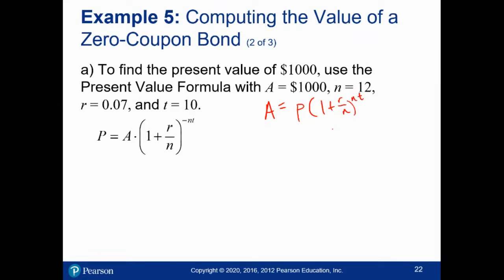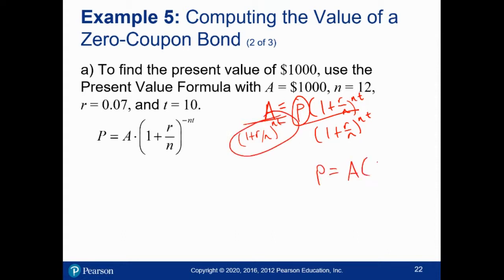All you have to do is divide both sides by (1 plus R over N) to the NT. And on the right-hand side, you just get P. And on the left, I just express this as having a negative exponent. So I get P is A times (1 plus R over N) to the negative NT, rather than dividing by it to the NT power.